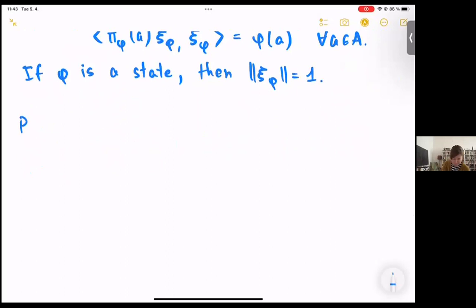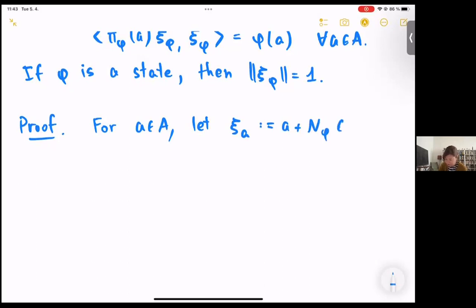So the proof goes like this. Just to make notation a little bit nicer, for a in A I'm going to let psi a be a plus N phi, which is in H phi, and such guys, of course, are dense.